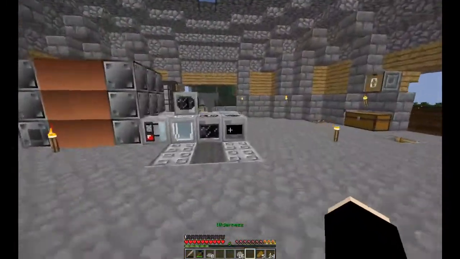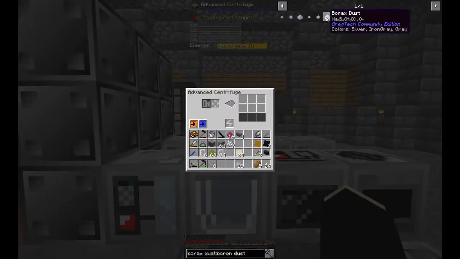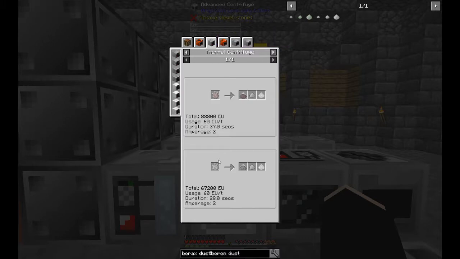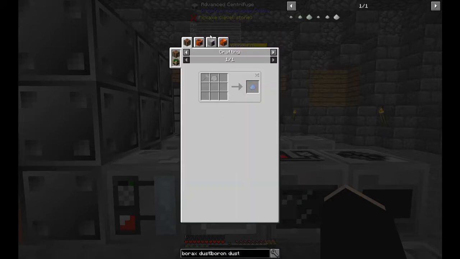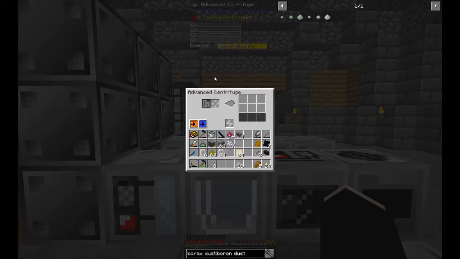So we're gonna make the borax dust in the thermal centrifuge from purified salt ore. It's a secondary output which we should be able to get. Right? Use thermal centrifuge.